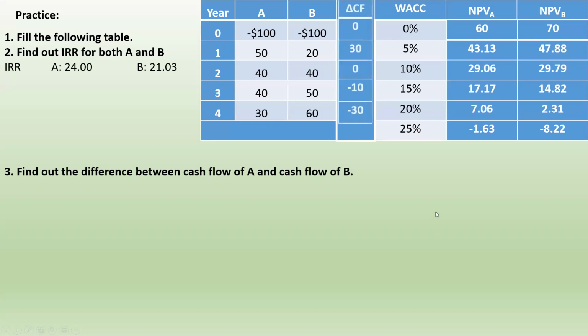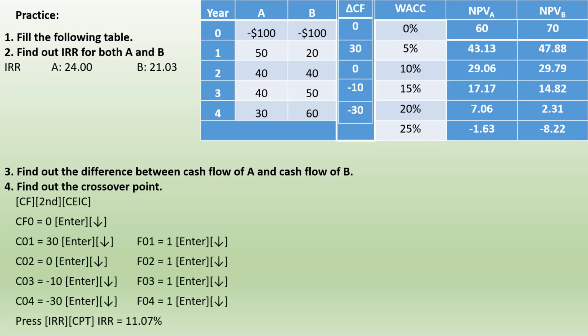The difference between cash flows for A and B for t equal to 0 is 0. For t equal to 1 is 30, t equal to 2 is 0, t equal to 3 is negative 10, t equal to 4 is negative 30. And remember, the crossover point is the IRR of the difference between cash flows.